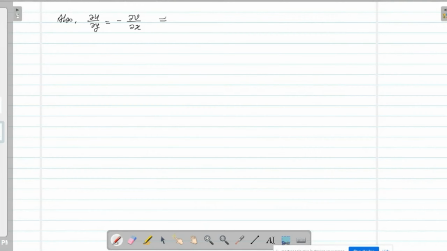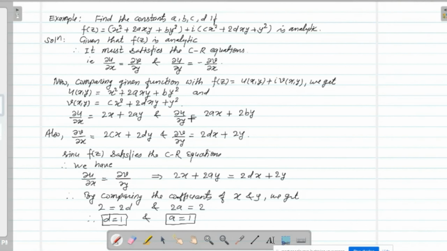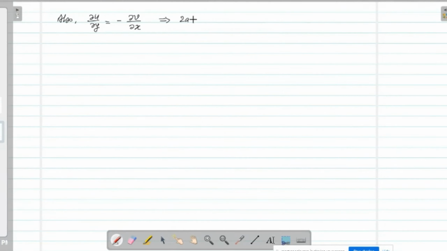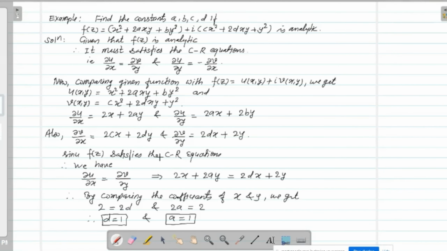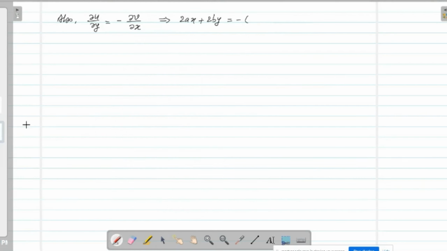So this equation implies that dou u by dou y is 2ax plus 2by, which is equal to negative of dou v by dou x. Dou v by dou x is 2cx plus 2dy.